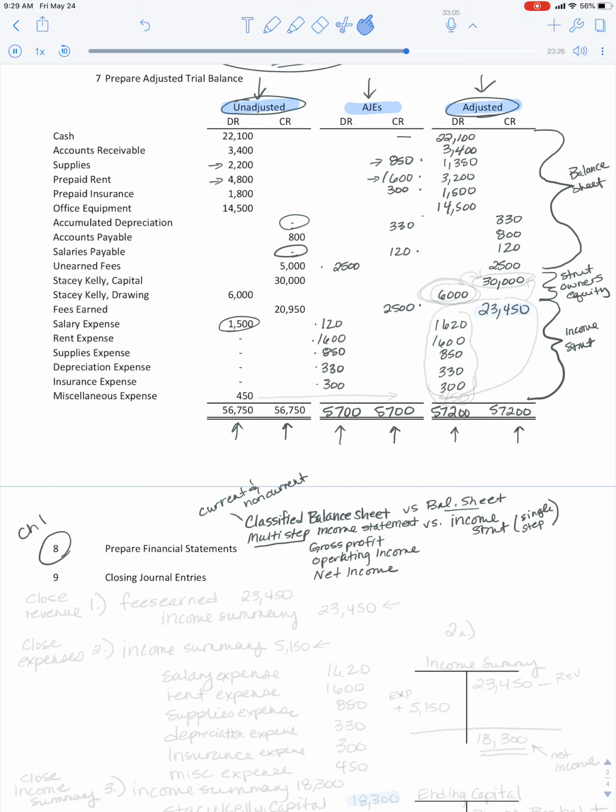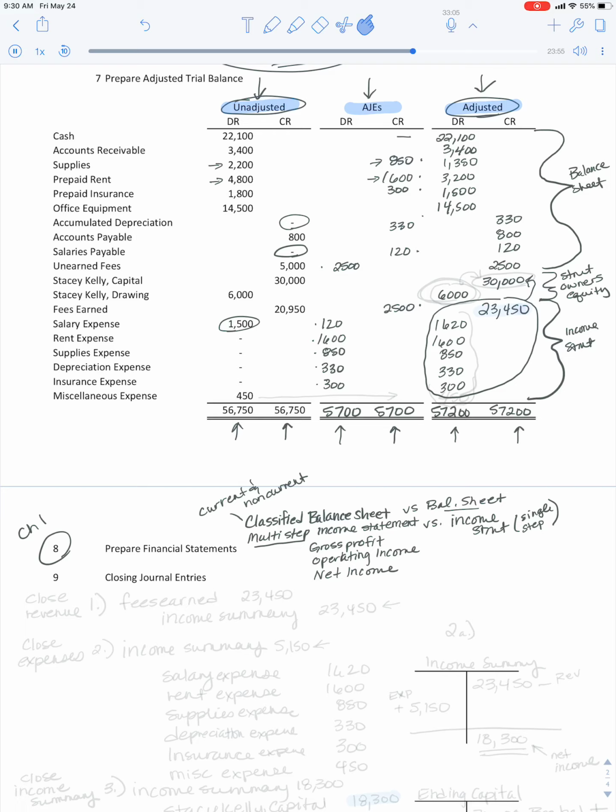So once we post these last amounts on our income statement and we prepare our financial statements, we need to roll all of this activity in our income statement up into our capital account and start over the next period. Our balance sheet will keep rolling balances, but our income statement starts over from 0 at the beginning of every month.